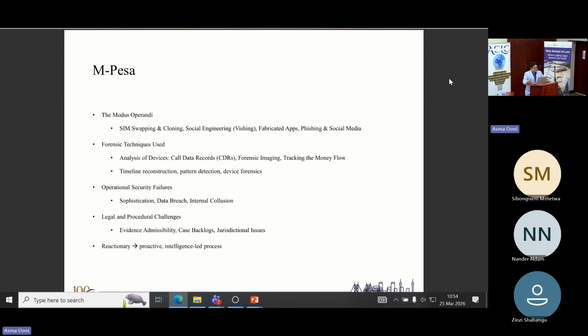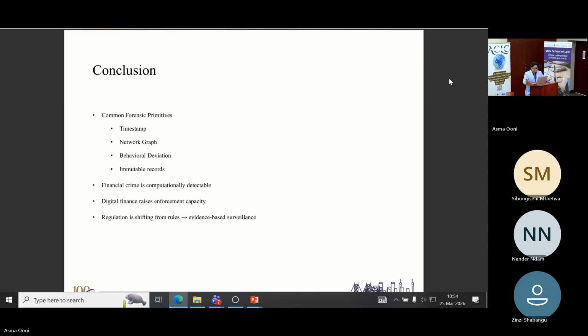But nowadays they are trying to be more proactive and do everything immediately. That is why things are now more intelligent. They are using different software and different forensic angles. Definitely crimes are going on, but still innovations are going on in this space.